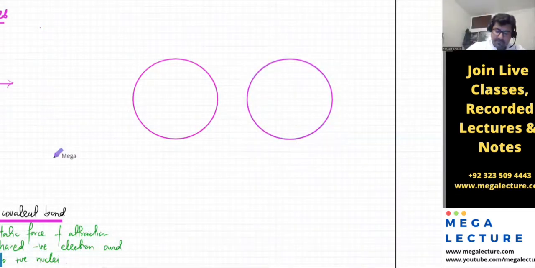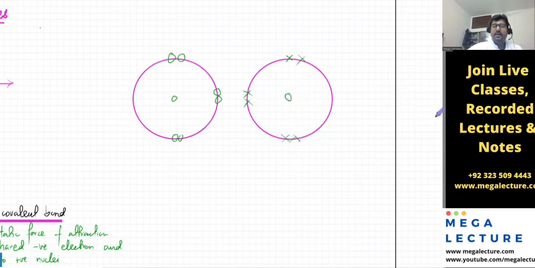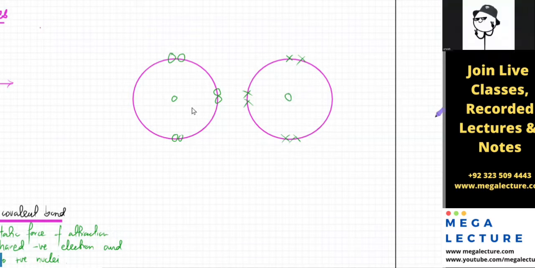Same thing is going to happen over here. Remember, you don't have to draw all of the shells, just the outer shell is enough. So you've got oxygen over here and this other oxygen over here. Now, how many electrons does oxygen need? A non-metal always likes to gain electrons. How many does it need? 2.